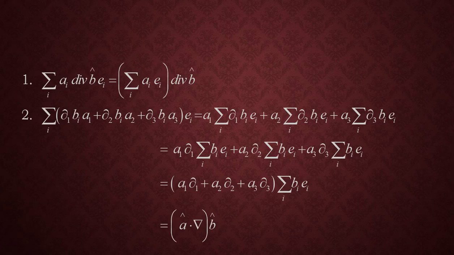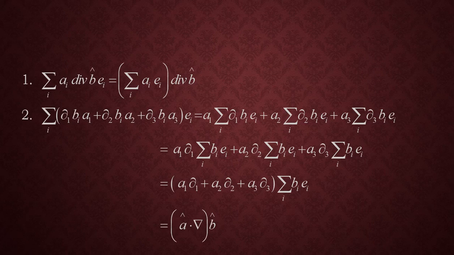That is nothing but A div B. Altogether, it becomes summation sigma over i A_i div B e_i equals A div B.